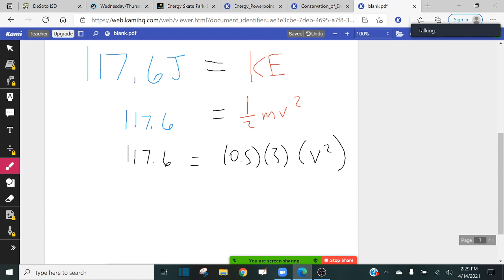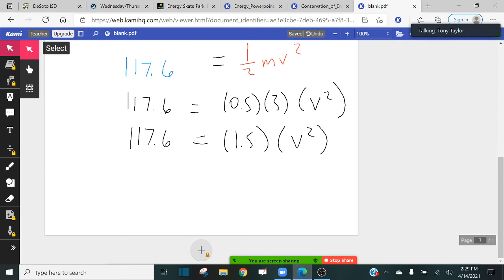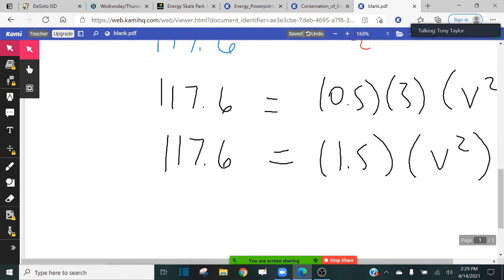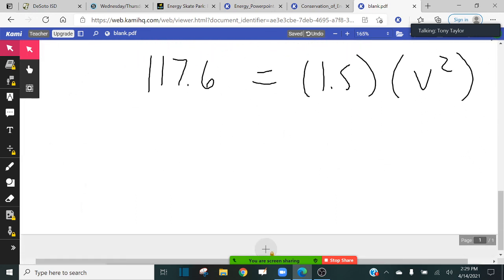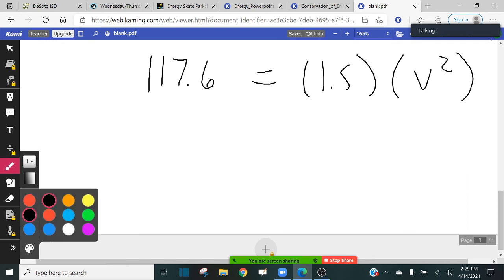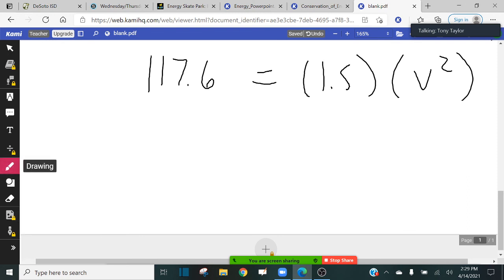Now, what you guys have to do is get velocity by itself. So, guys, 0.5 times 3 is the same thing as 1.5. Remember, our ultimate goal is to solve this equation for V. And guys, y'all know this is basic algebra here.